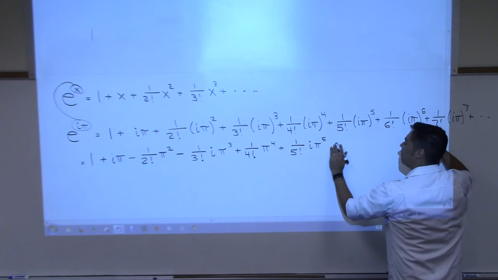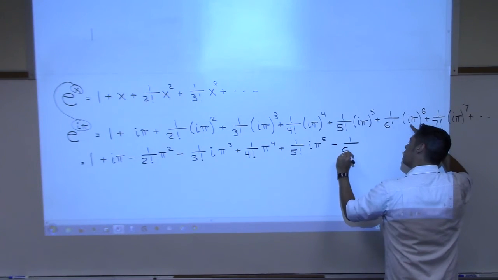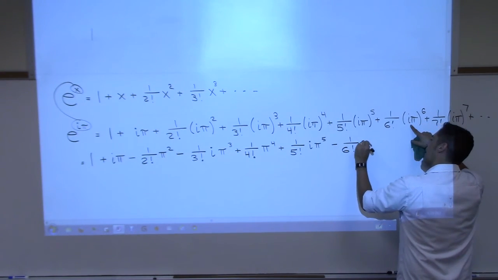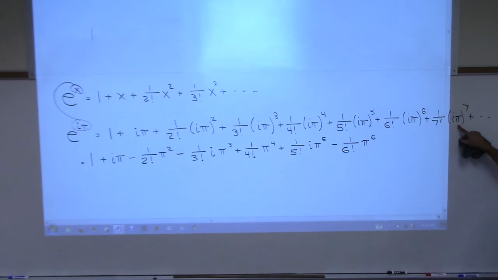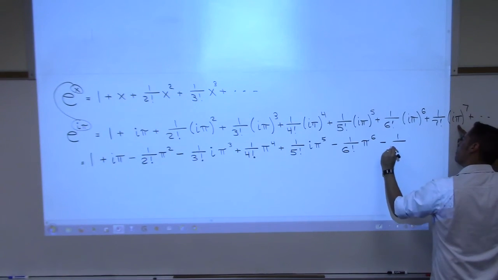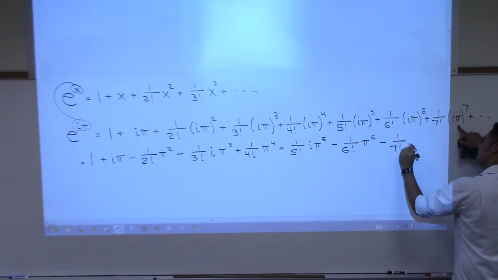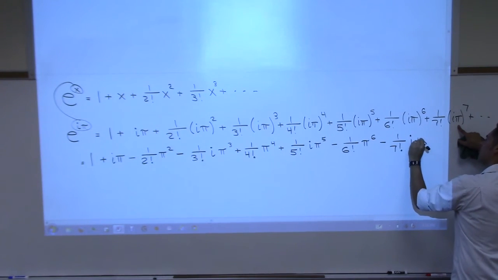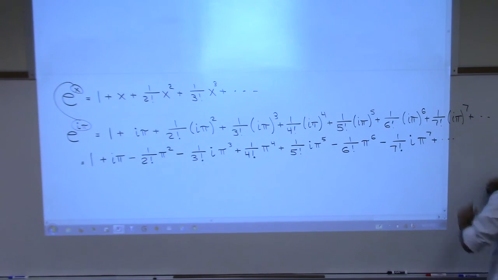So negative 1 over 6 factorial pi to the sixth. i to the seventh, where am I at? Negative i? Yes? Negative i, so minus 1 over 7 factorial, negative i, pi to the 7th plus dot, dot, dot. I know that looks like a disaster. I would like to group things now.